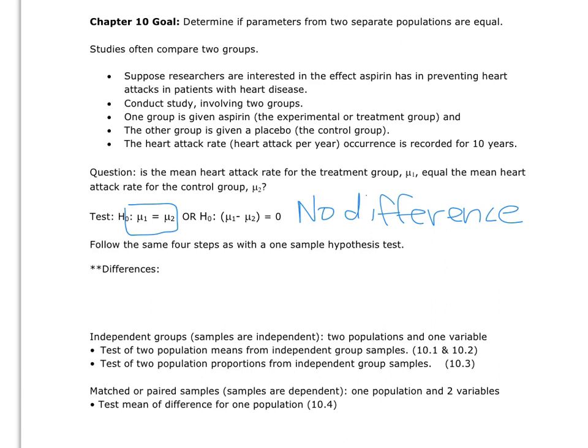We're following the same 4 steps: the hypotheses, the test statistic, the p-value, and the conclusion that we did in chapter 9. So the differences are in the hypotheses and in the test statistic.